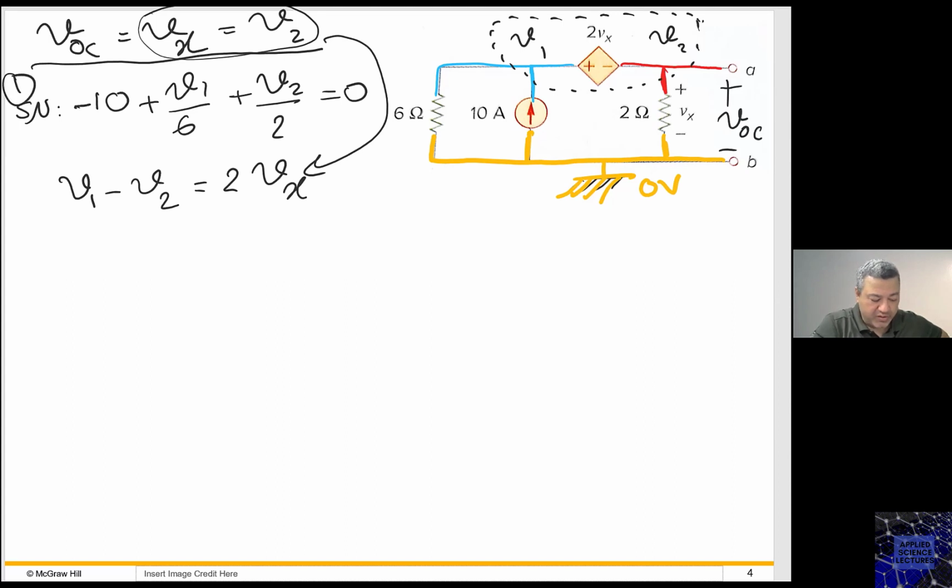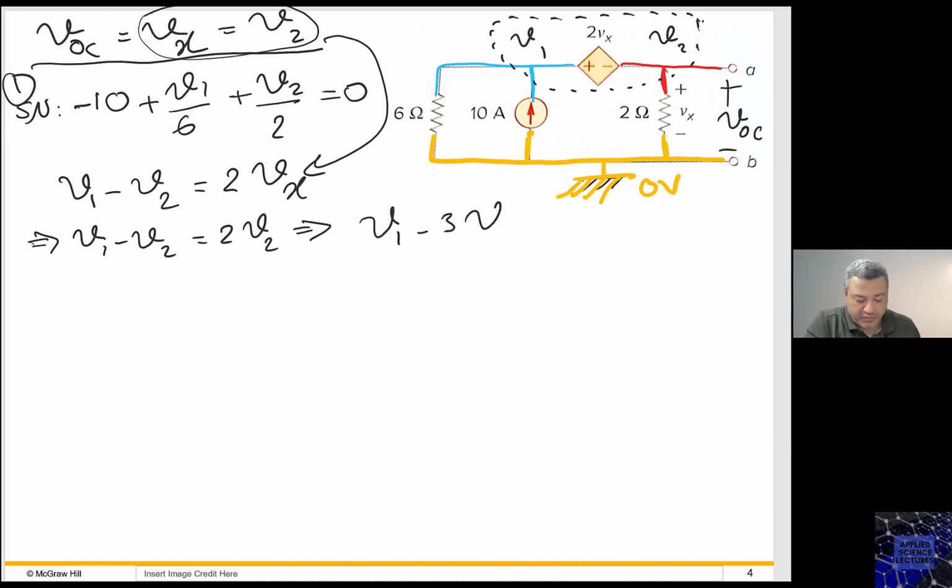Now I will substitute Vx with V2. So I have V1 minus V2 equals 2V2, or, taking this one to the other side, V1 minus 3V2 equals 0. So this one is 2.